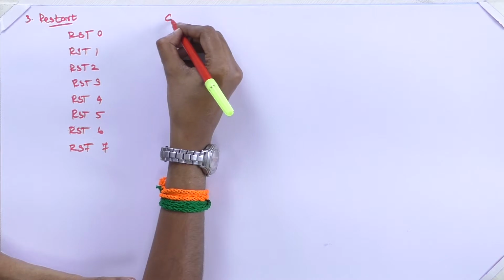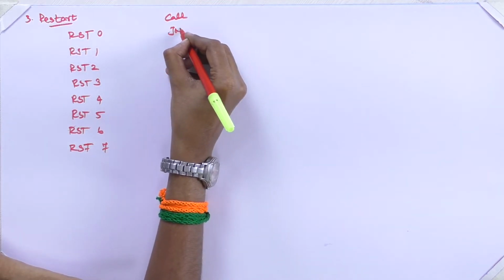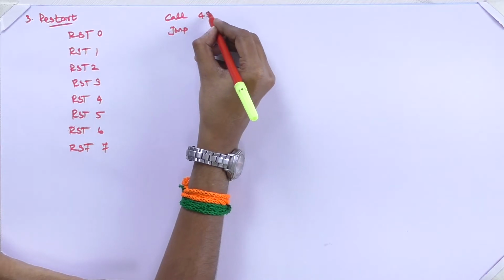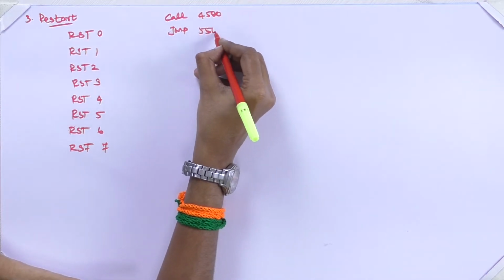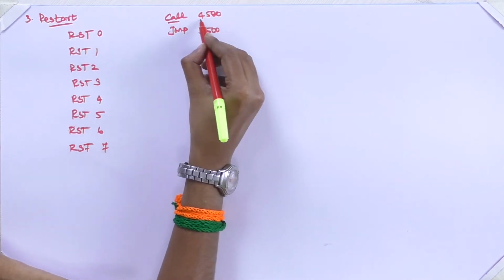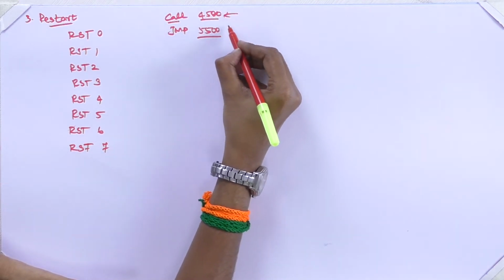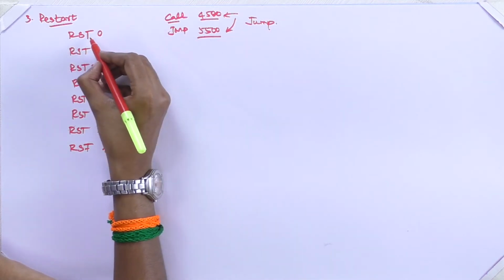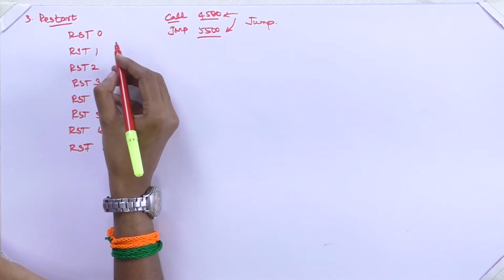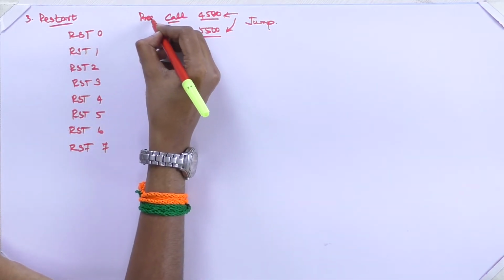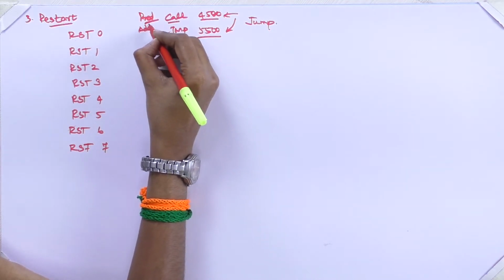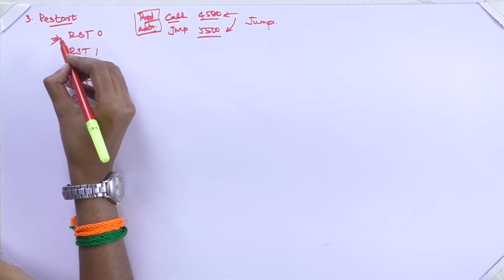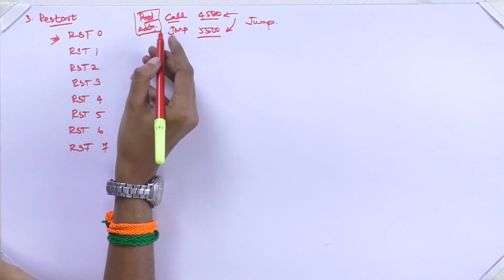Before, with call and jump, we used to mention the address like 4500 or 5500 in the instruction itself, the address where we want to jump. But in this case, RST0, RST1 and so on, we have predefined addresses. Once the processor executes this instruction, it will jump to the predefined address.